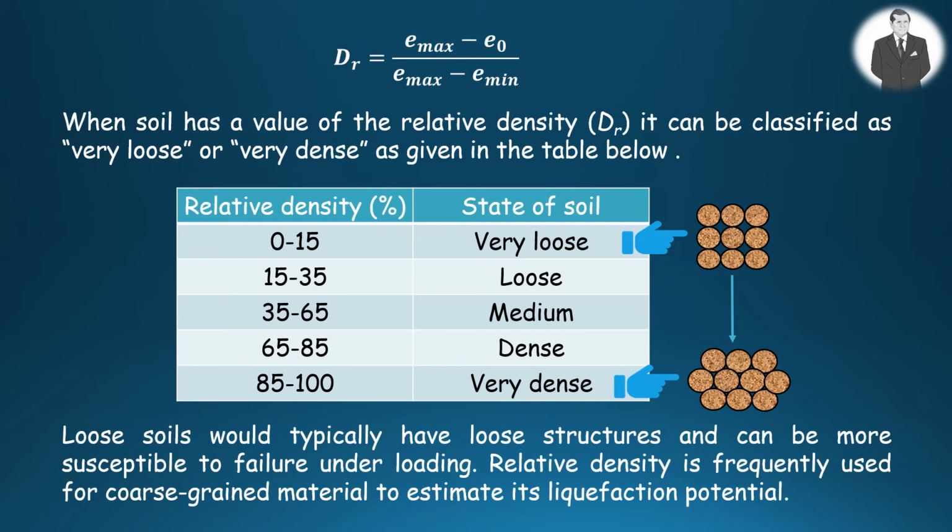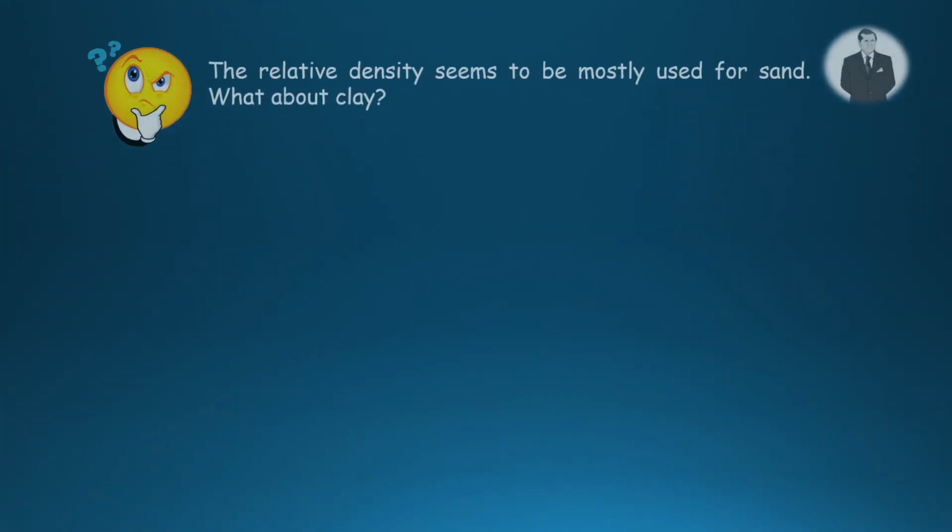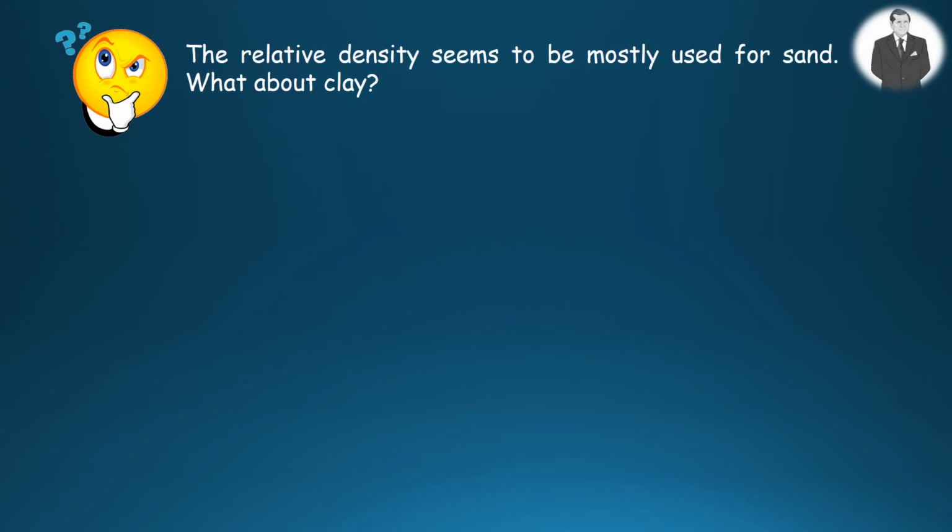Loose soils would typically have loose structures and can be more susceptible to failure under loading. Relative density is usually employed for coarse-grained material to evaluate its liquefaction potential. The relative density appears to be mostly utilized for sand.